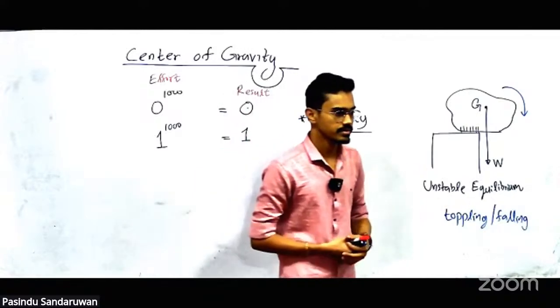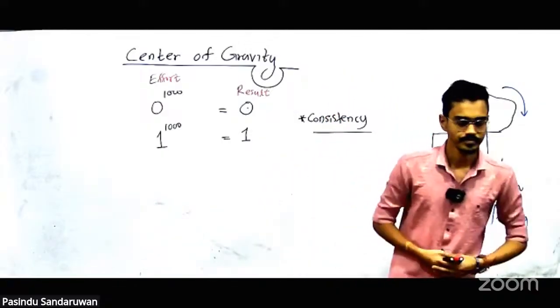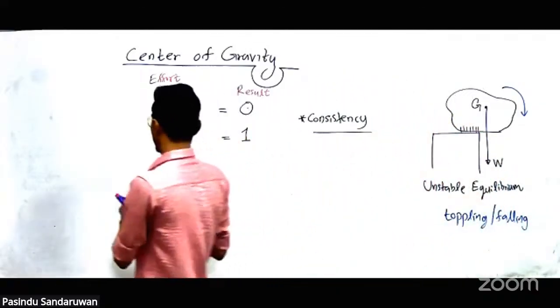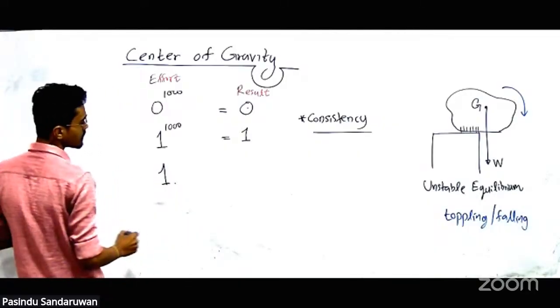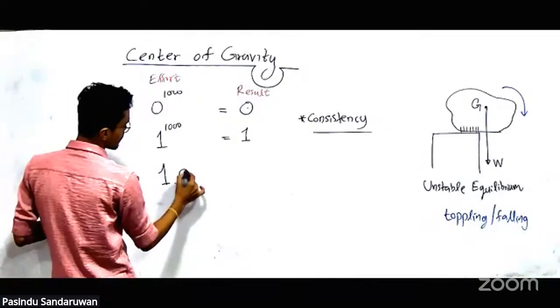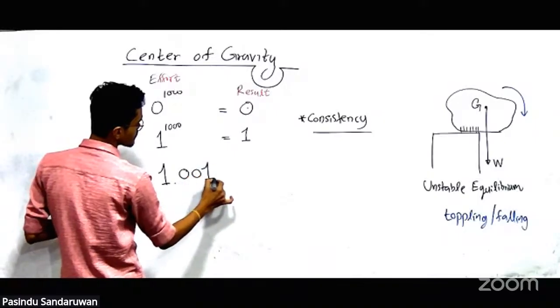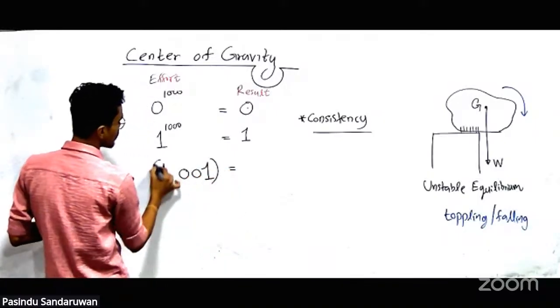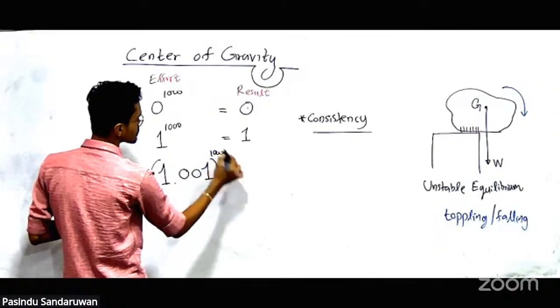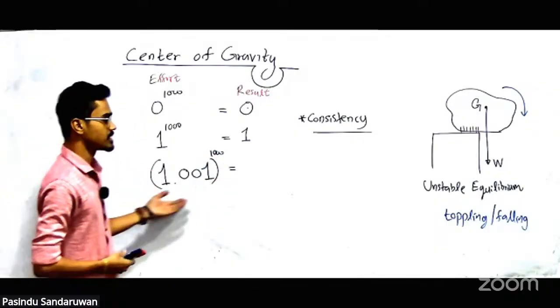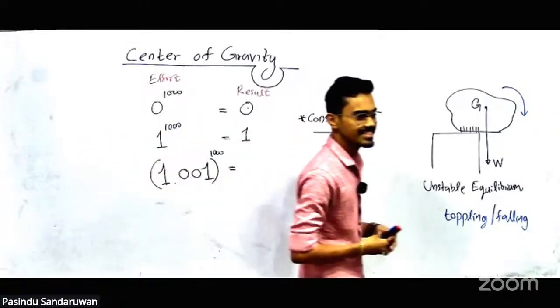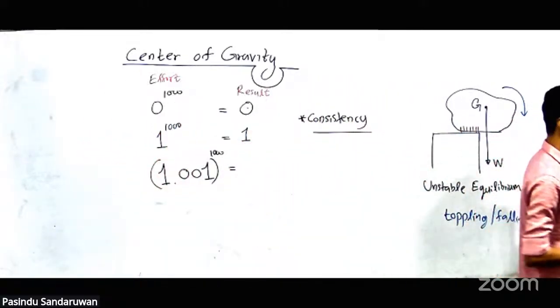Got my point, right? Now let's say you are increasing your effort compared to one by a small amount like this, and you are working for 4,000 days. Tell me the answer.